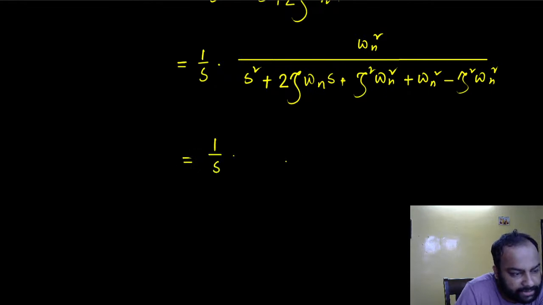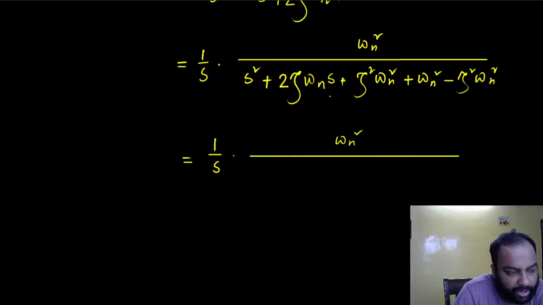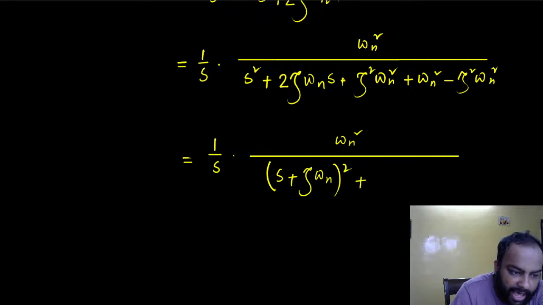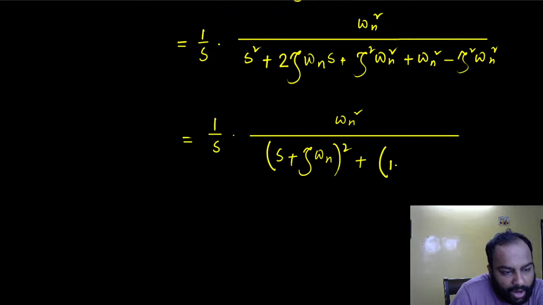So 1 by s, and on the numerator I have omega n square, and here this becomes s plus zeta omega n whole square, and then I have something like 1 minus zeta square, factoring out omega n square from the two terms, so 1 minus zeta square omega n square.